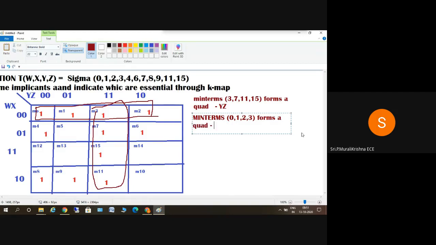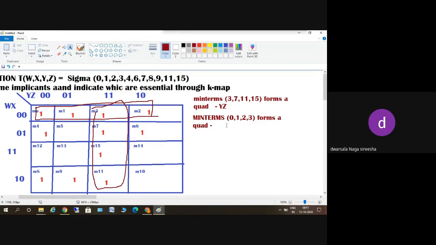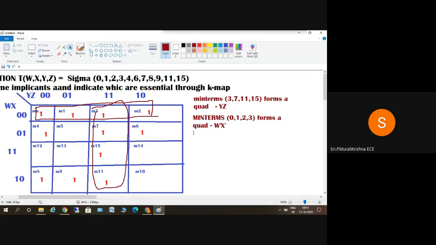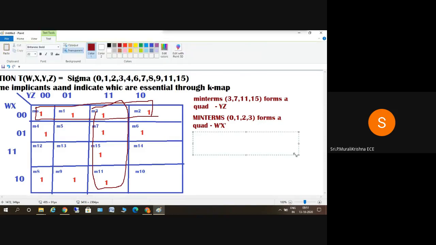What is the row term here? Only one row is covered here, so that is W bar X bar, and all the columns are covered. So W bar X bar is the second prime implicant here.